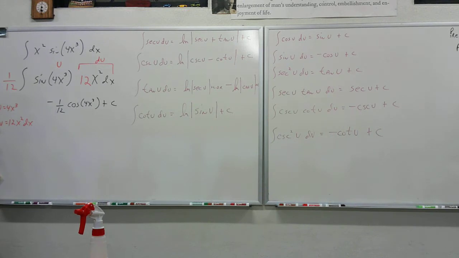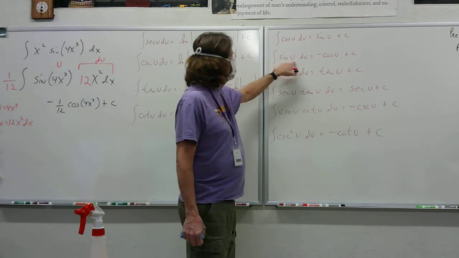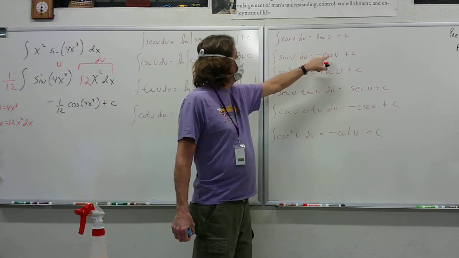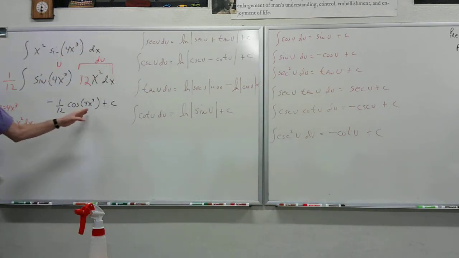Yes, sir. Why would it not be negative 1 over 12 cosine to the x to the 4th? What's the u? What do you get after the 4th? Look at your rule. Sine u du creates negative cosine u. When you take the derivative of cosine u, you write negative sine u.